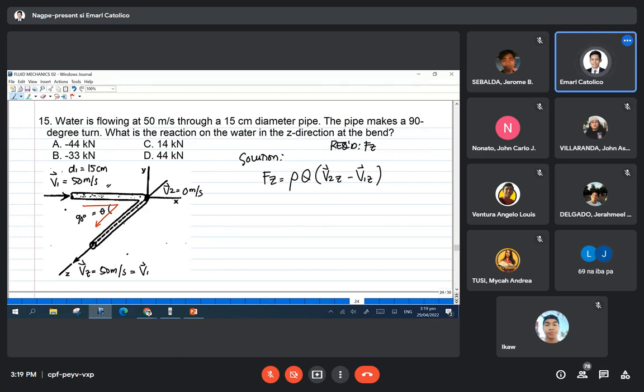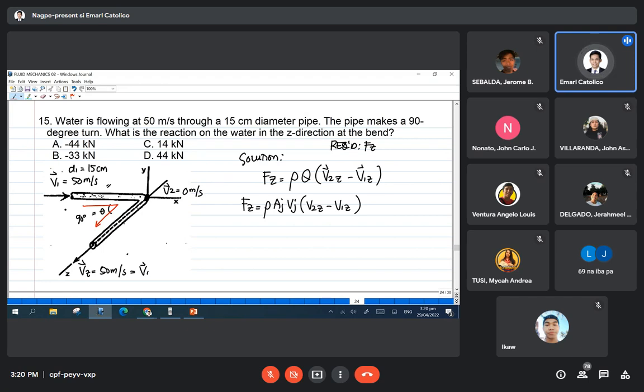Okay, so check natin kung kayang isolve. So yung Q, pwede mo siyang i-write as area times velocity. So FC is equals to density times area ng jet times velocity ng jet times V2C minus V1C.